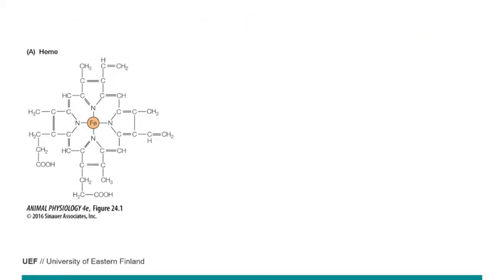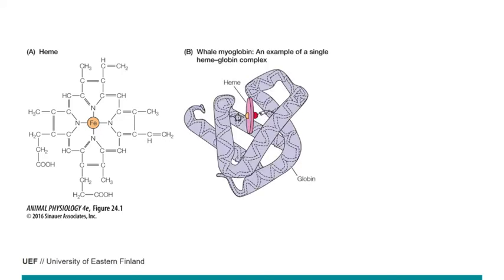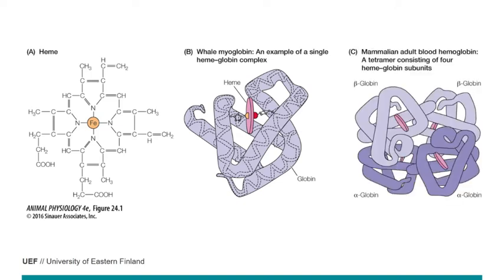So how does it work? Okay, here's the heme that we already discussed. It can be bound in proteins. The protein can be working alone, like in the myoglobin, so it's surrounding it, or it can be working together with others, like over here in the hemoglobin as a tetramer.